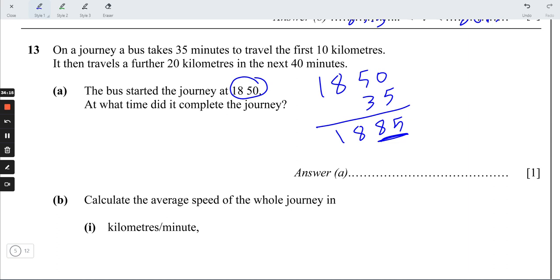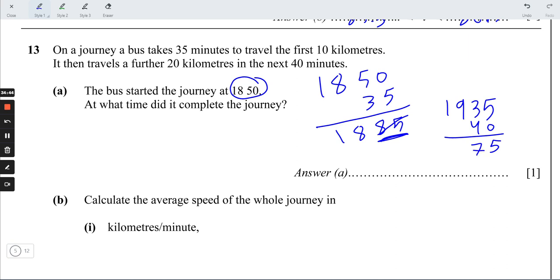So in this case we will take 60 because 1 hour is 60 minutes. So 85 take away 60, you will get 35, and give 1 to 18, you will get 19:35.